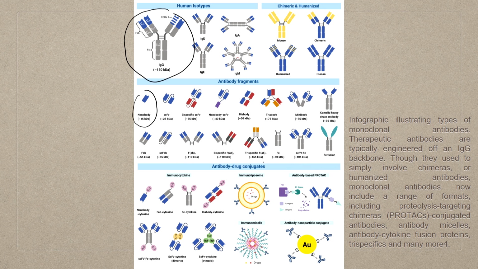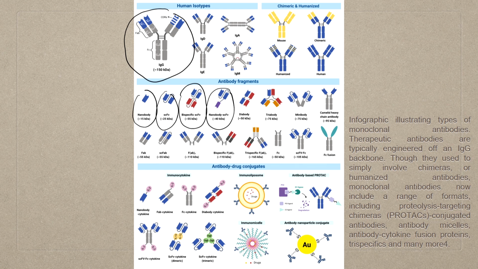If you follow this whole picture, you will realize then you have SCFV, there are bispecific SCFV, then you have nanobody SCFV. These are newer and newer terminologies which are coming, and whenever you read a paper, you come across them and you get scared. Oh, I have no idea about this. But that's why I thought of putting this slide in front of you.